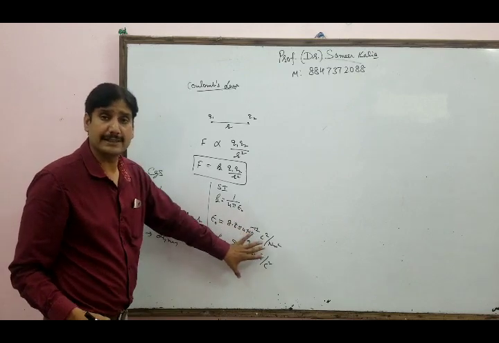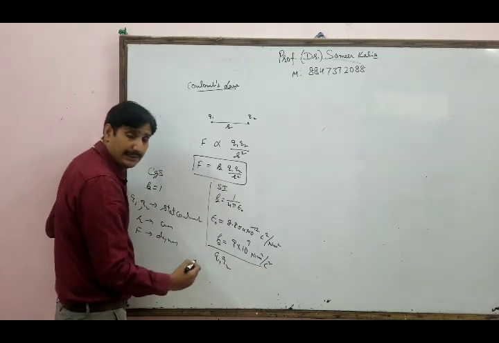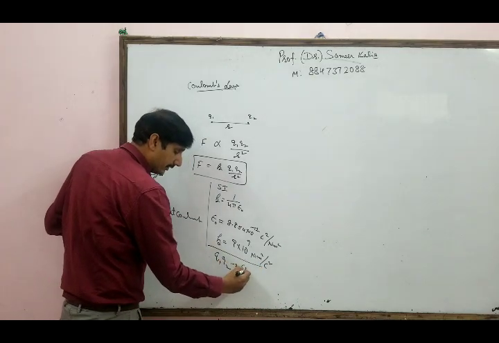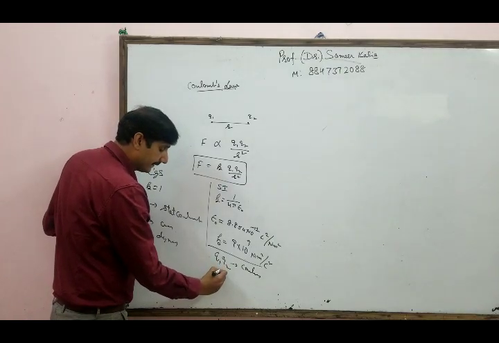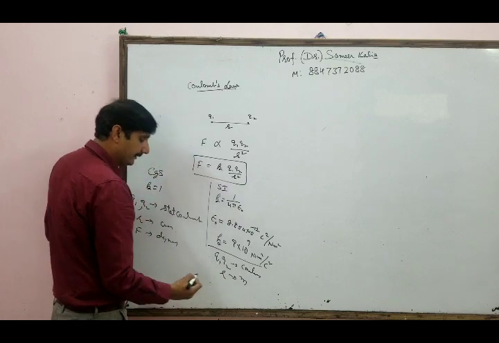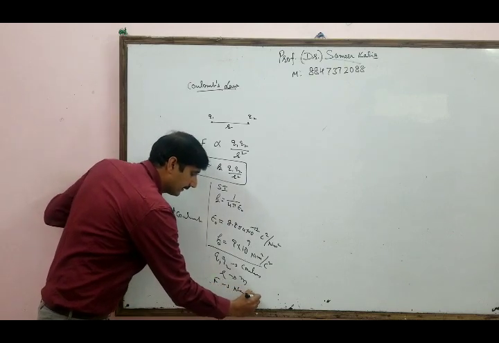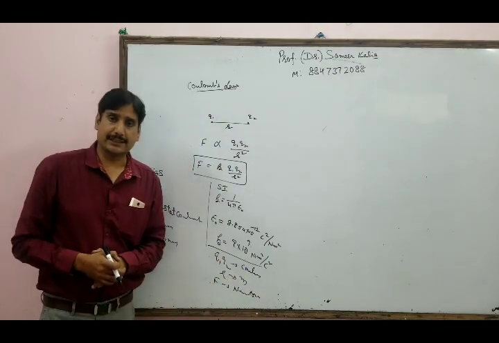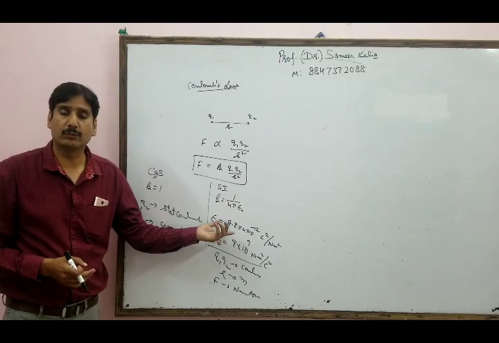Whereas if you are working in the SI system, then Q1 and Q2 are taken in coulombs, the distance r in meters, and F in newtons. The first question that arises is, how many stat coulombs are there in one coulomb?